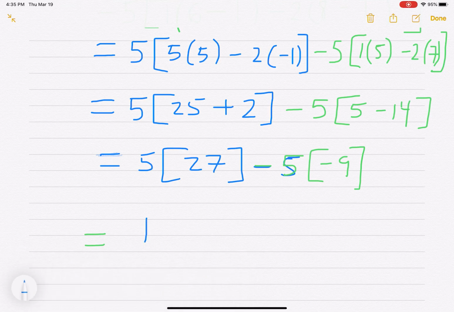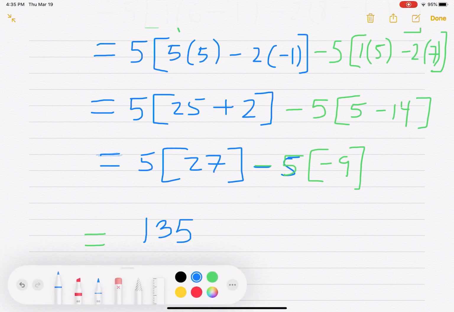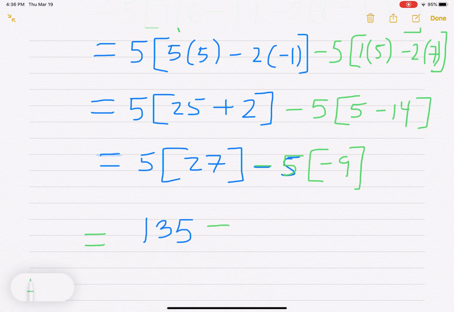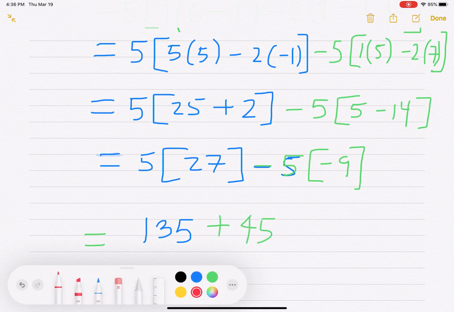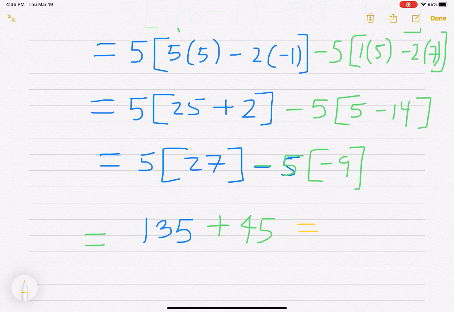It's 135, I believe. And negative 5 times negative 9 is positive 45, so we can add those together and get our final answer. 135 plus 45 is 180, I think. I don't know, it looks good to me.